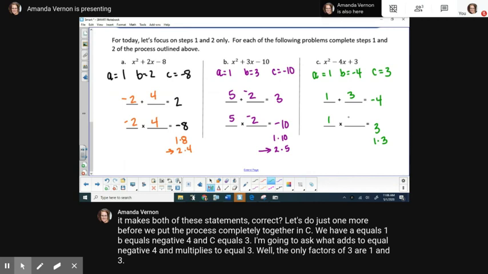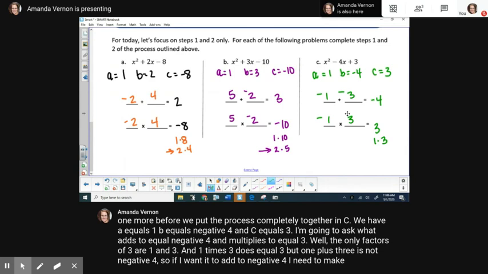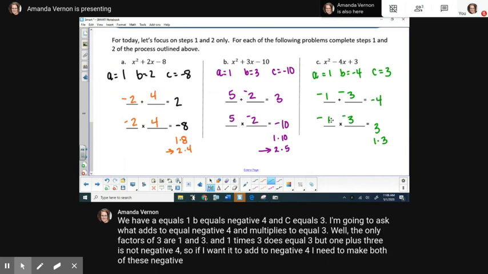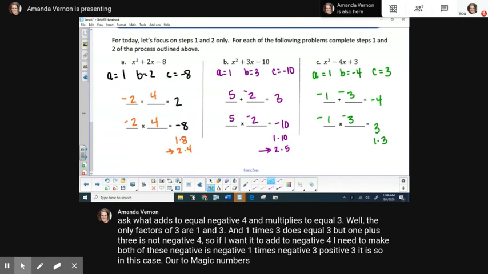And 1 times 3 does equal 3, but 1 plus 3 is not negative 4. So if I want it to add to negative 4, I need to make both of these negative. Is negative 1 times negative 3 positive 3? It is. So in this case, our two magic numbers are going to be negative 1 and negative 3.